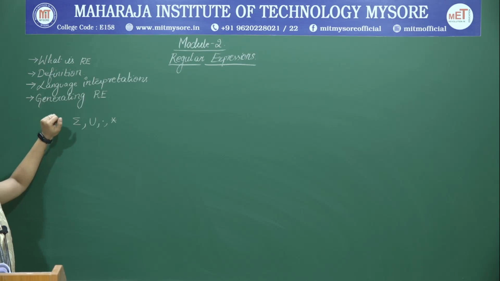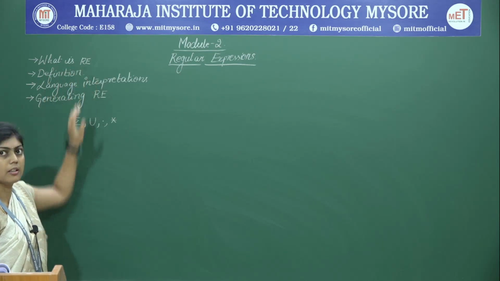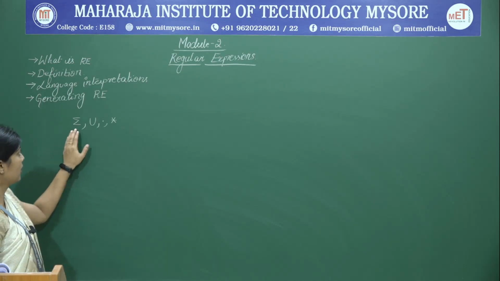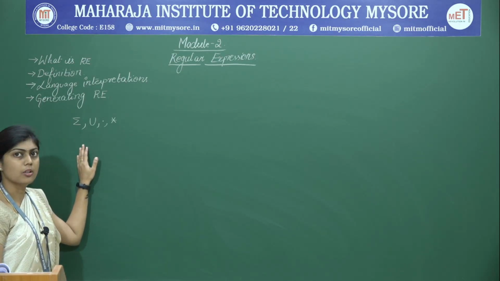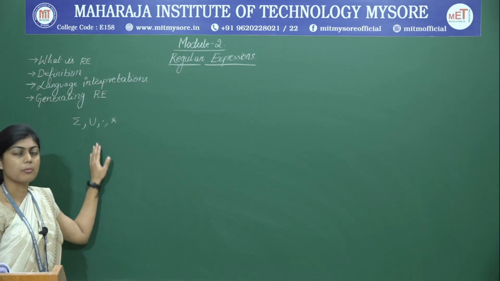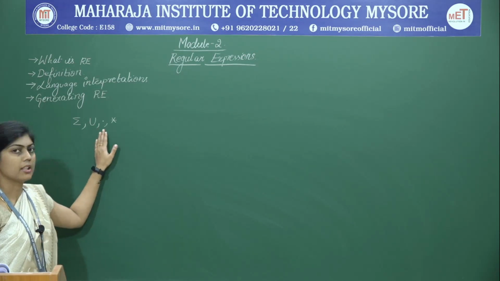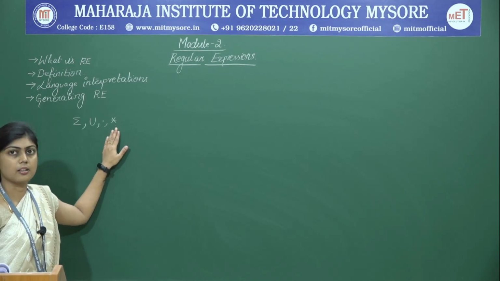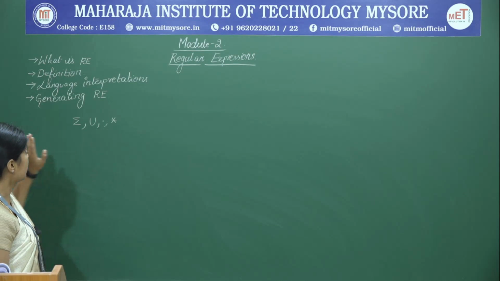The regular expression is accepted by the automata, and it is made up of symbols that belong to sigma, connected by the union operator, or the concatenation operator, and also Kleene star. So these are the basic units.